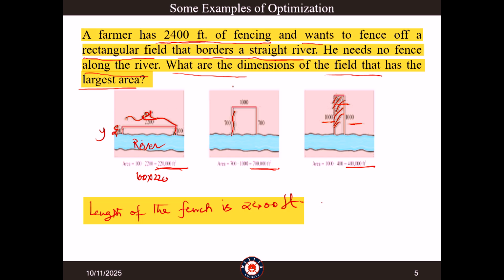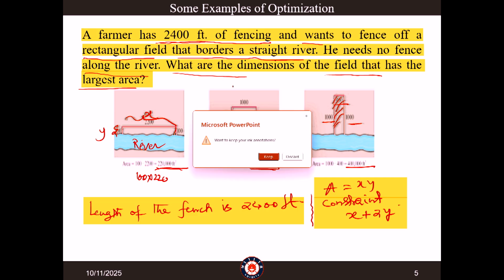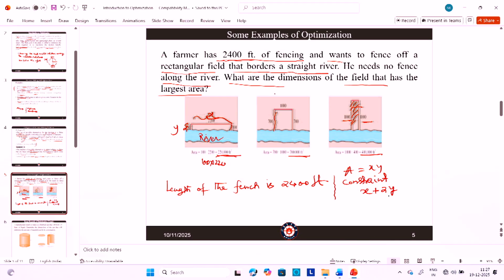I can formulate this problem as area is xy, and the constraint is x plus 2y must be equal to 2400. And what will be the A max value?